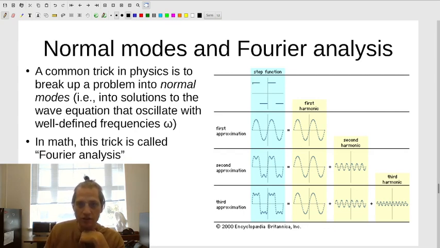So for instance, to a first approximation, it sort of looks like a sine wave, but you can get a better approximation if you add in a sine wave that has double the frequency, half the period, and so there would be your second approximation.